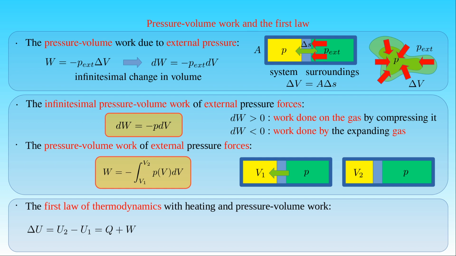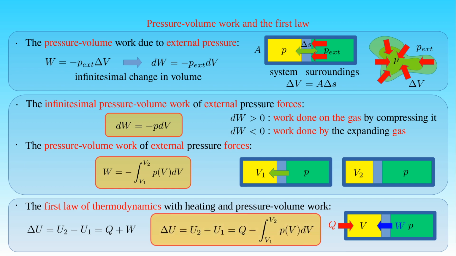If the work W is the pressure volume work done by external pressure forces compressing the substance in the system, then the change delta U in the internal energy of the system is given by the heat Q, minus the integral of the external pressure P over the volume V of the system between its initial volume V1 and its final volume V2.